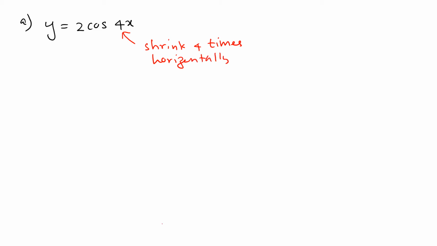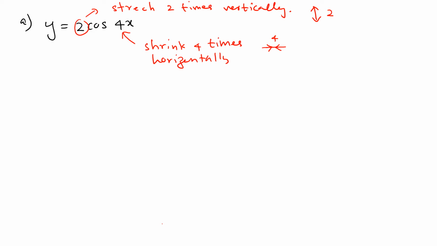And when you multiply outside, it stretches 2 times vertically. So we can also use this notation for stretch, you can write an arrow like that, and for shrink, an arrow going this way, 4 times. Once you write that, it's very clear.